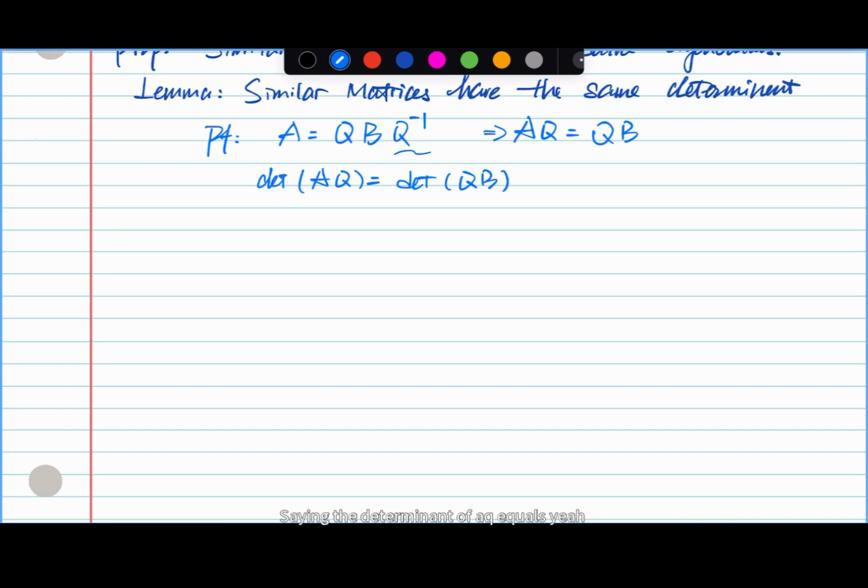Right, and for determinants, we know there was one theorem saying the determinant of AQ equals the determinant of A multiplied by the determinant of Q. So similarly for the right side.